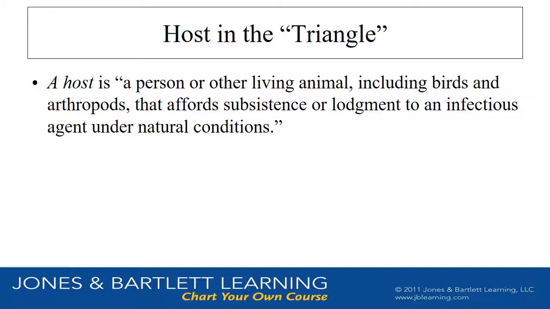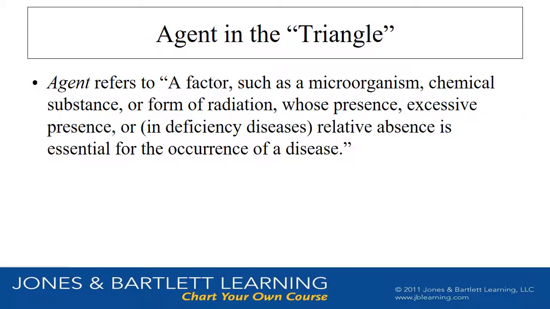The host is the person or living animal that is susceptible to the agent, let's say an infectious disease or a chemical. In this case, it might be a pregnant woman susceptible to malaria, or a young child exposed to air pollution in the city.